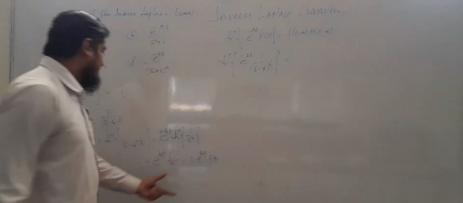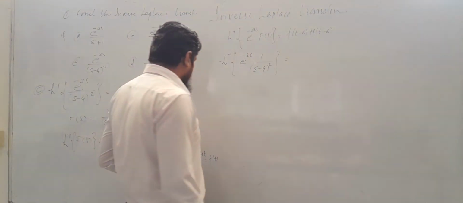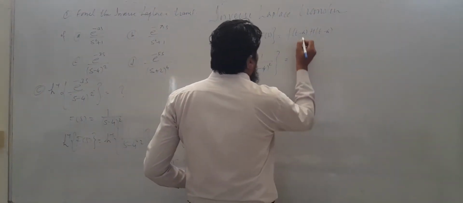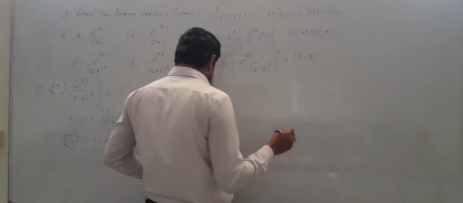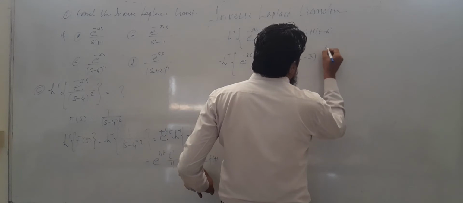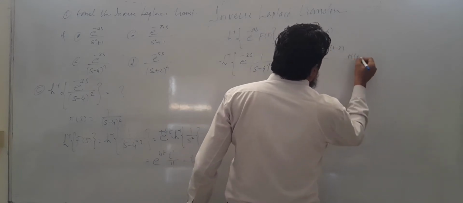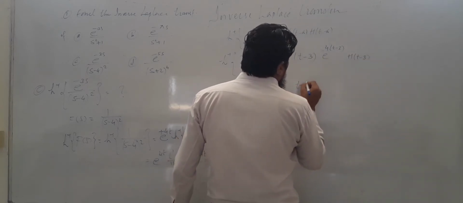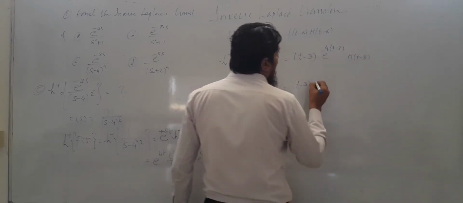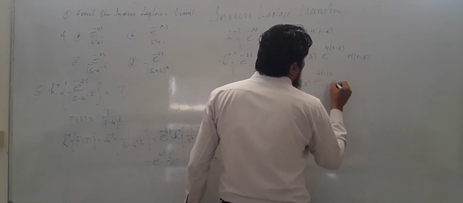So we apply f of t minus a, meaning t minus 3 times e raised to 4 times t minus 3, times h of t minus 3, which will give us t minus 3 times e raised to 4t minus 12 times h of t minus 3.